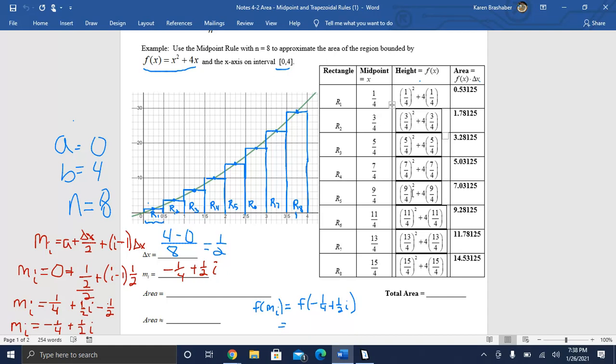All right, now that would be negative 1/4 plus 1/2 I squared, and then plus 4x. Well, again, your x is negative 1/4 plus 1/2 I.